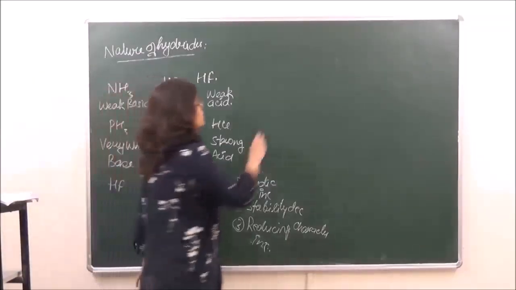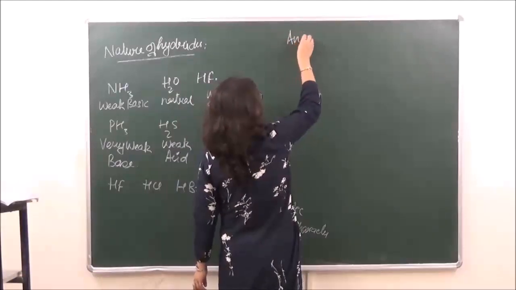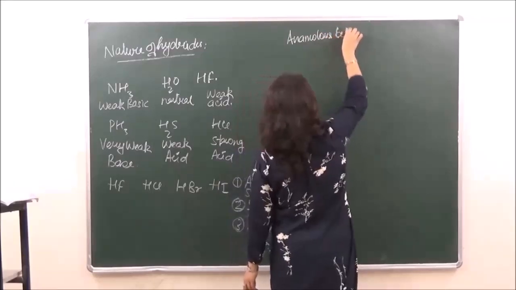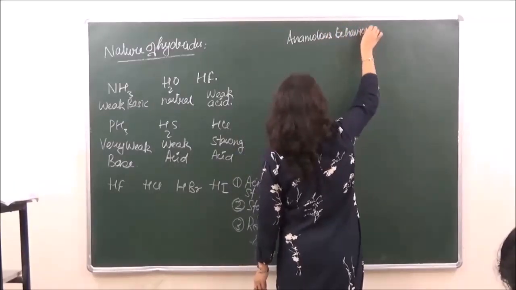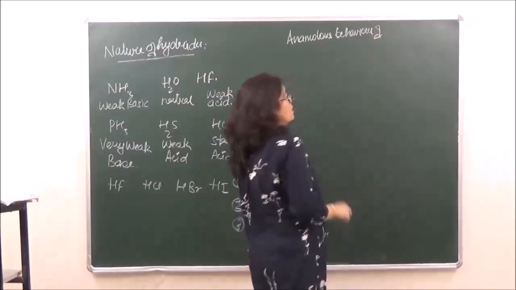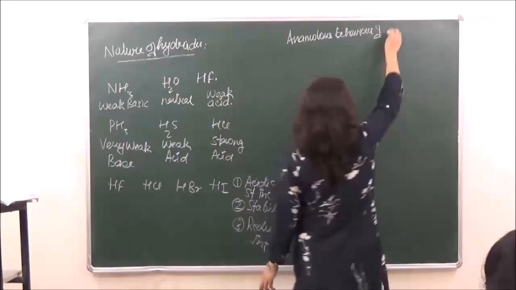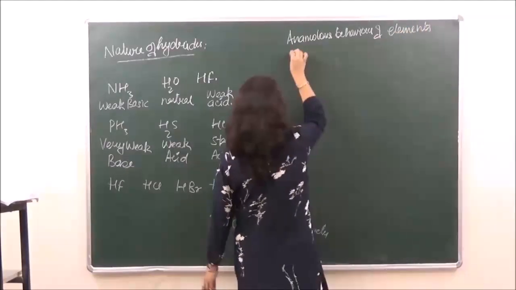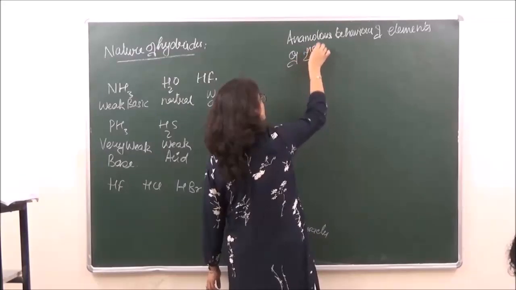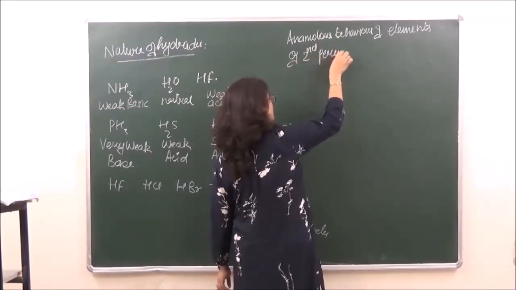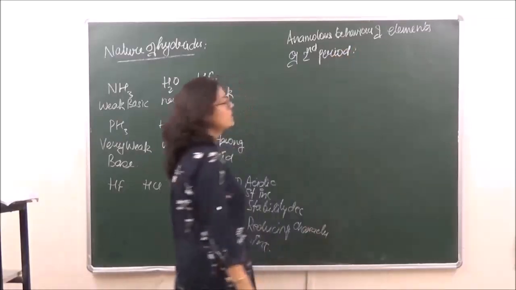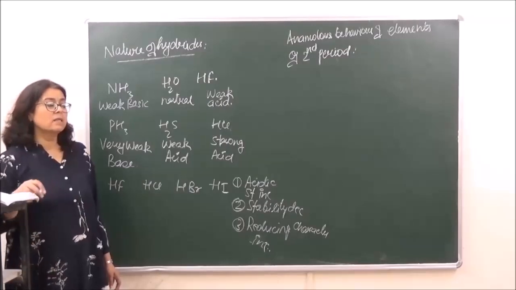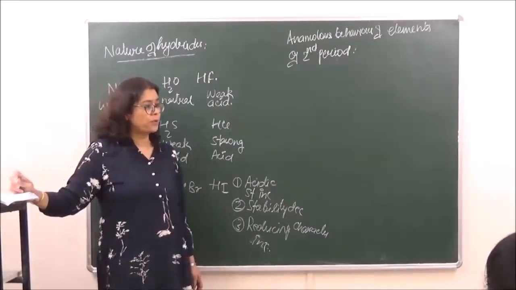Now there's only one topic which is left. Anomalous behavior of elements of second period. The elements of the second period are the first elements of each group, right?